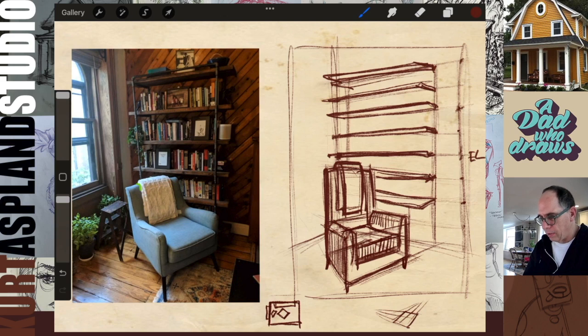This is my eye level. So anything above this, I'm going to see the bottom of it. Anything below the eye level, I'm going to see the top of it.